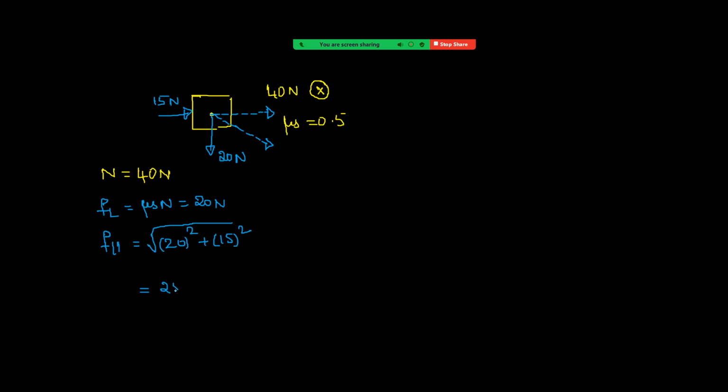This becomes 25. So we got F limiting and F parallel. Now compare these two. F parallel is greater than limiting friction. That means the block comes into motion.